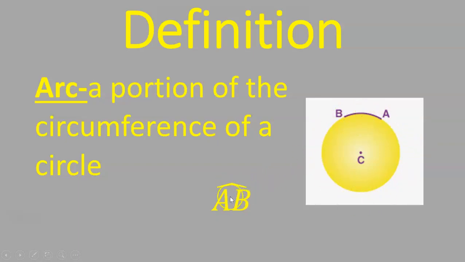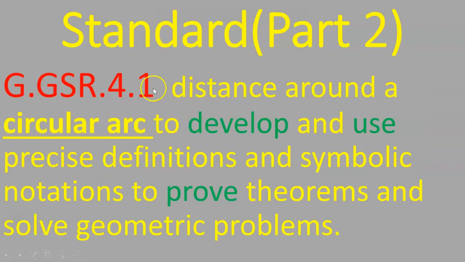AB, which is indicated like this, would be a portion of that. Okay, so the reason we mention that is that it's in the standard. This is the second part: distance around a circular arc, to develop and use precise definitions and symbolic notations to prove theorems and solve geometric problems. Now, this last part is very vague, and we'll do this throughout the course.